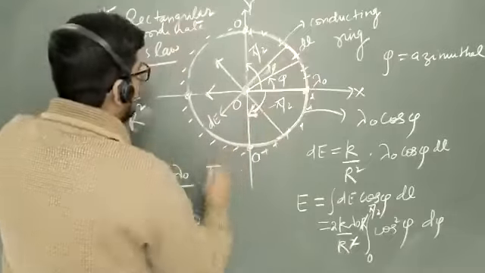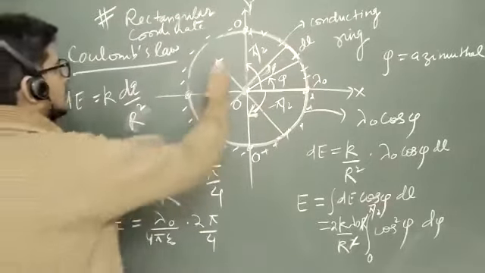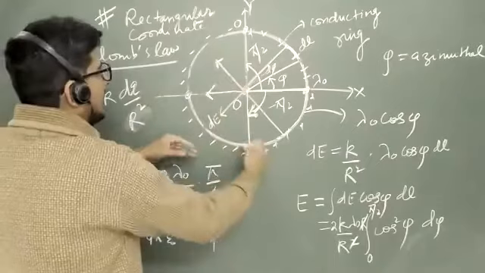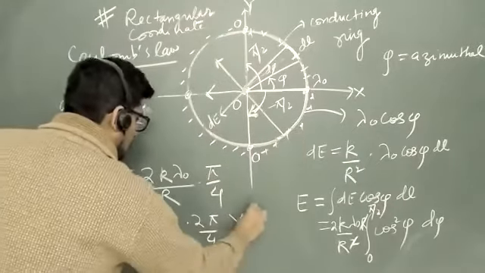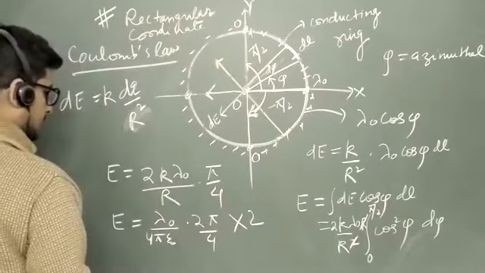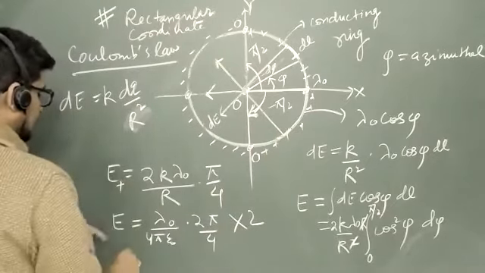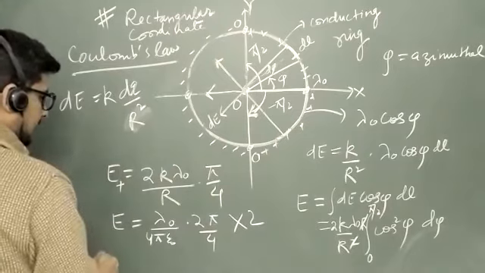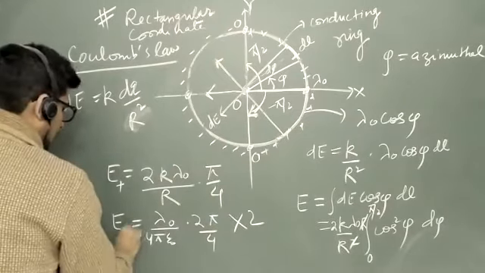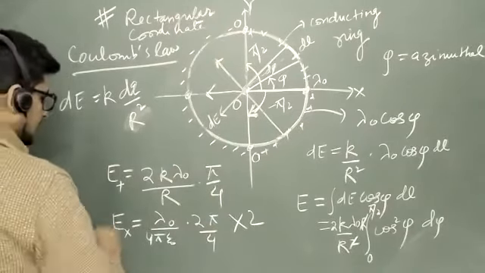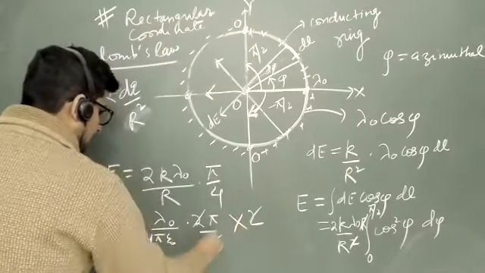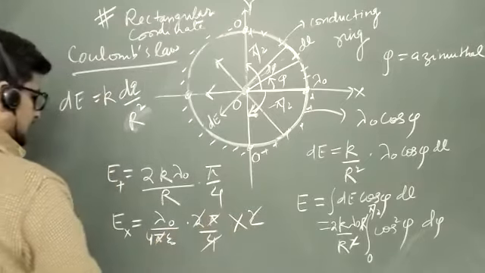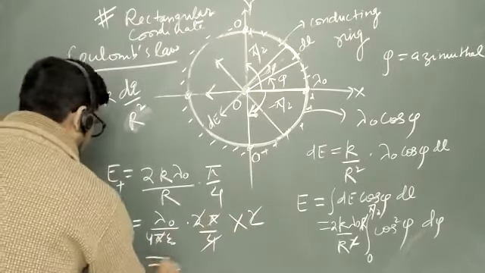And now think about the negative side. It is again giving the same electric field. Whatever is here is in the same direction. So let me put a 2 into 2 here. Okay? So this is only because of plus, and this is the net electric field, and it is only in the x direction. So it is Ex, and this 2 and 2 will cancel, and pi will cancel. So what will be the overall electric field?